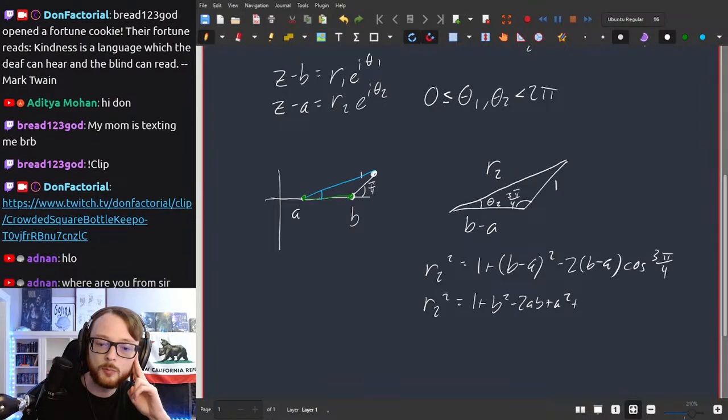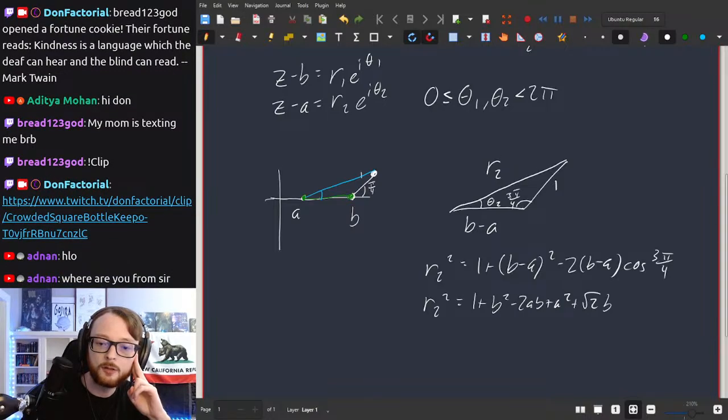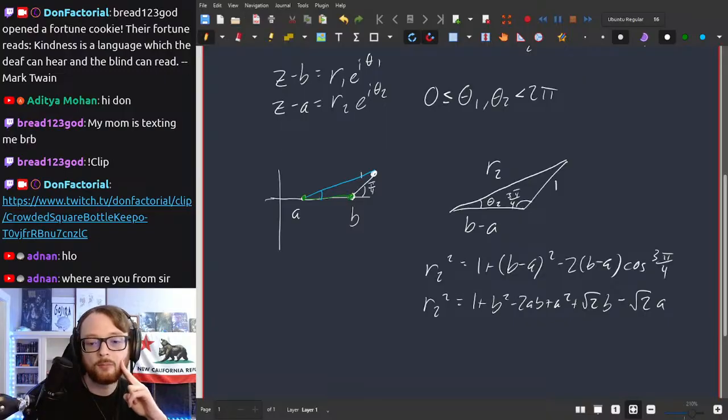So we're going to get plus root 2b minus root 2a. That's terrible. I should probably keep things in terms of b minus a.